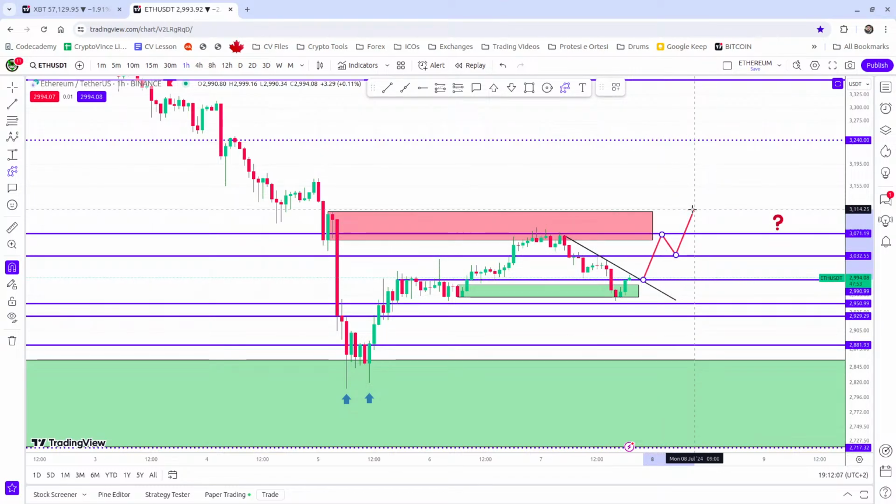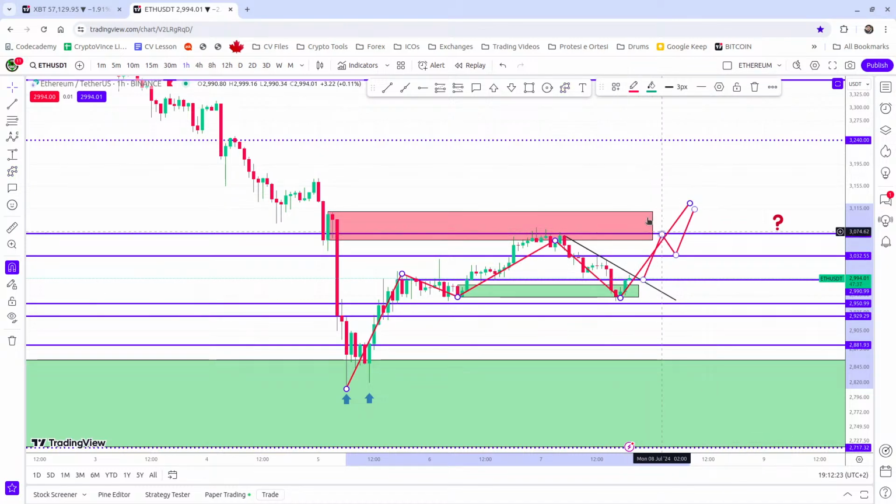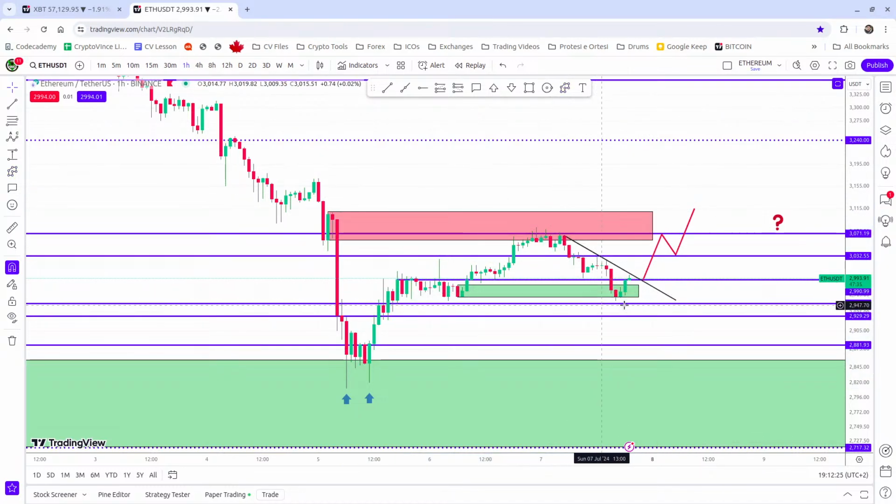Can it do it? This will be a local bullish market structure if it does this. It didn't make a higher low yet, but it made a higher high. It would be nice for this to close above this blue line right here, but it didn't.